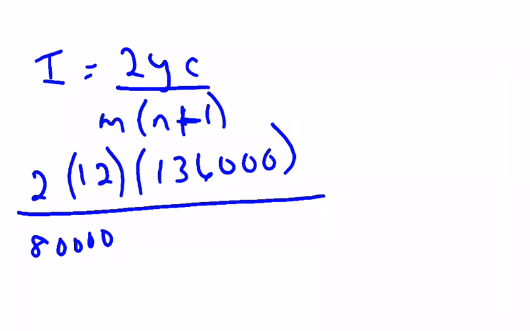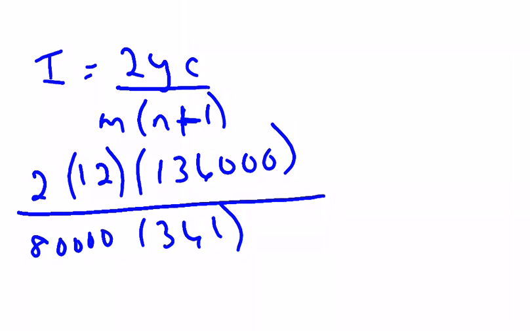And then N plus 1, the total number of payments plus 1. So if we look at 30 years, we do 12 times 30, and that gives us 360. And so 360 plus 1 is 361.